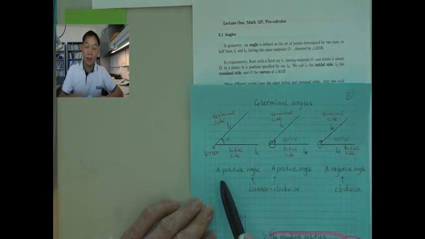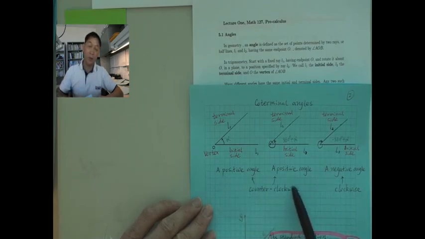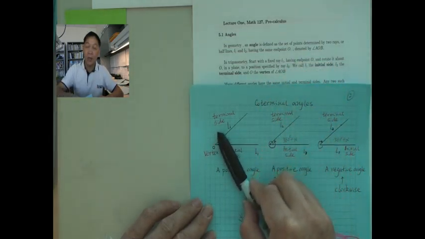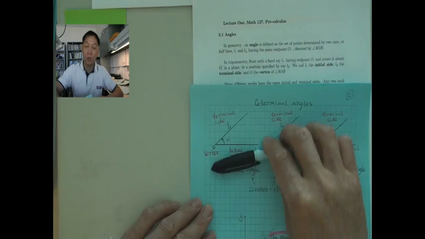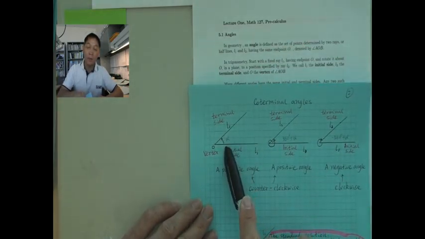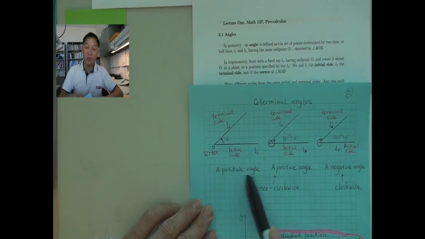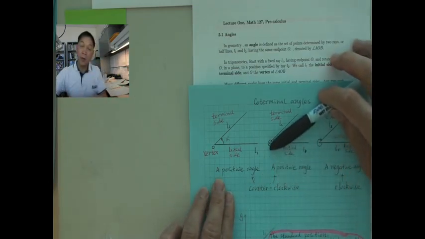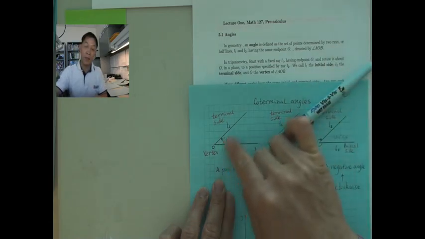If it rotates counterclockwise, clock runs like this, but if it's counterclockwise, then we call it the angle we get here. Let's say the amount is alpha, a positive value, so it's a positive angle. You stop right here like this.